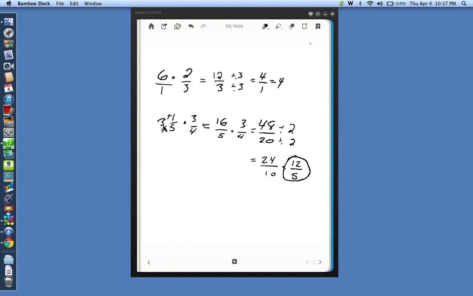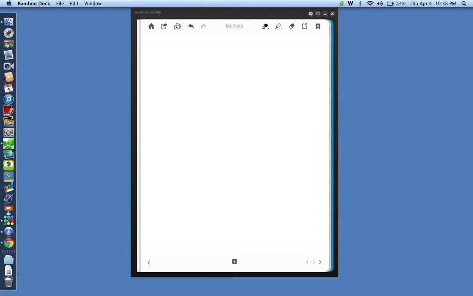Let's look at one more example. All right. Instead, let's go ahead and divide 2 fractions. So 3/8 divided by 1/4. Anytime you divide by a fraction, we're going to go ahead and keep, change, and flip.